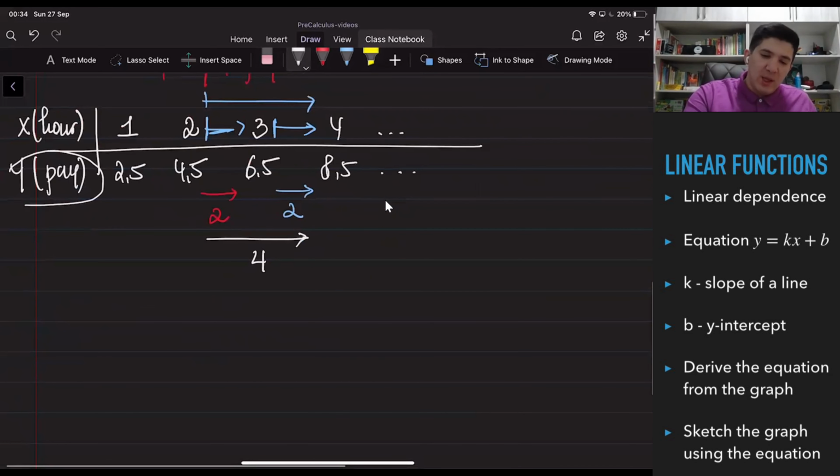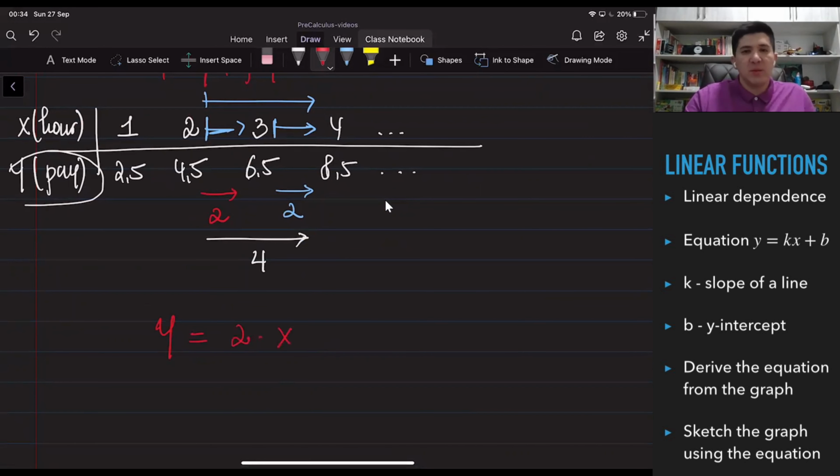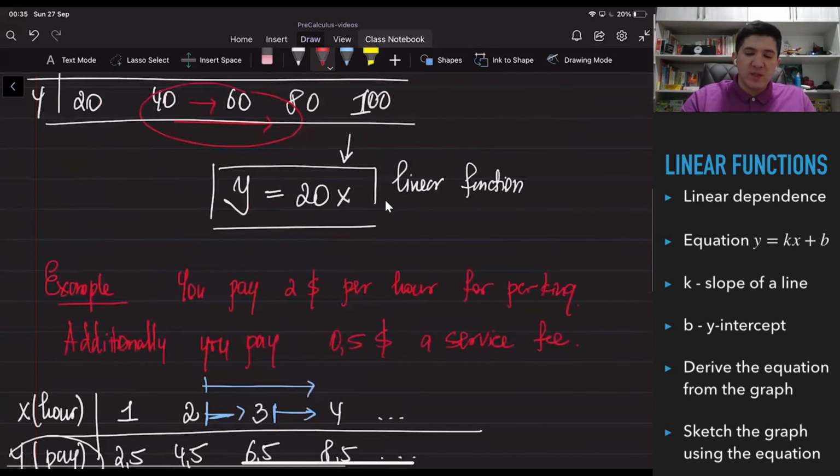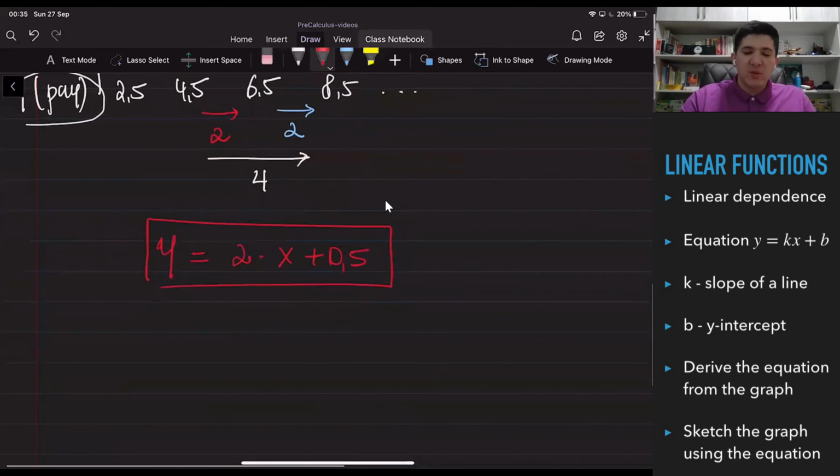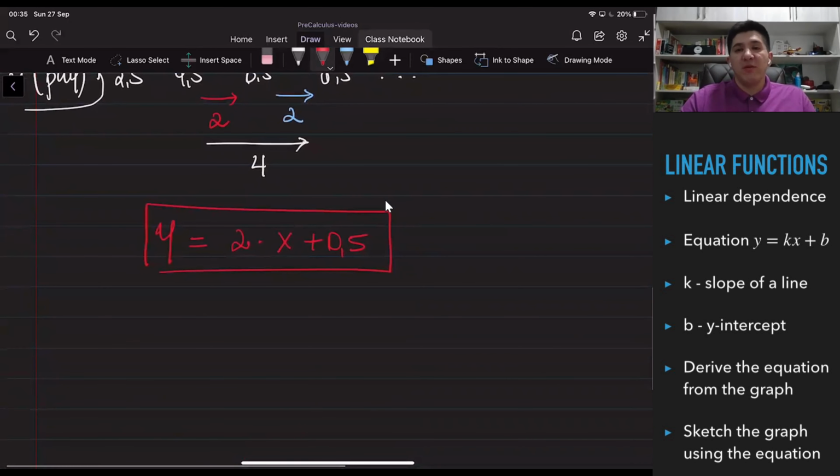Basically, y, the amount which I have to pay, is going to be 2 times the number of hours I would like to park there, plus the service fee, 0.5. So this is going to be the equation or the rule for this parking machine. Previously we've seen this equation in the form y is equal to 20x. And here we've got another function, y is equal to 2x plus 0.5.